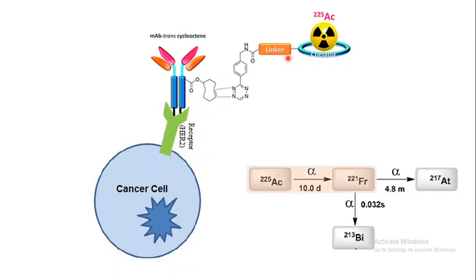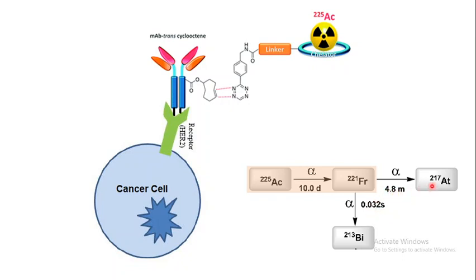So this is the disintegration equation of actinium, which is the best used in the nuclear medicine field. Actinium has a very excellent half-life of 10 days, and it undergoes decay to francium 221, an alpha particle emitter. This nuclide has only a 4.8 minute half-life.